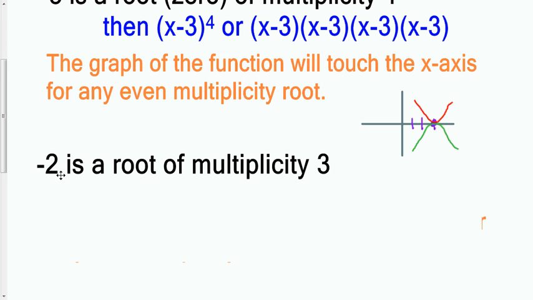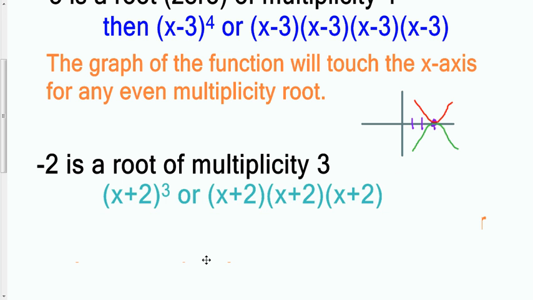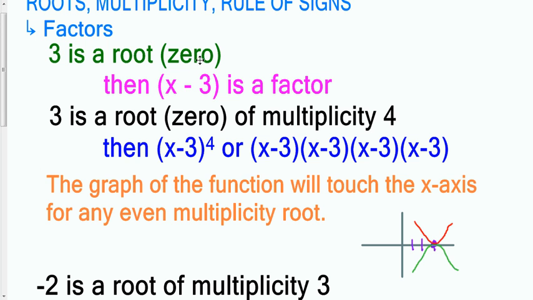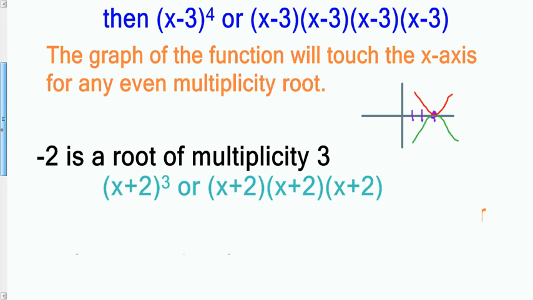Now, if we have a negative 2 is a root of multiplicity 3, then we know that x plus 2 is a factor to the third power, or we can write x plus 2 times x plus 2 times x plus 2. Either way. So if it is an odd number for a multiplicity, or even like this first one where the 3 is a root, and since it doesn't say a multiplicity, that means the multiplicity is 1.